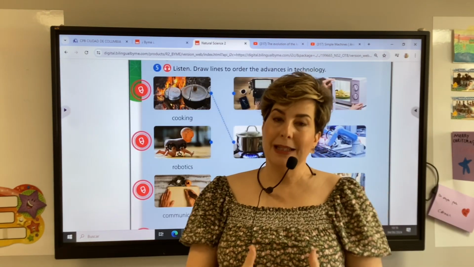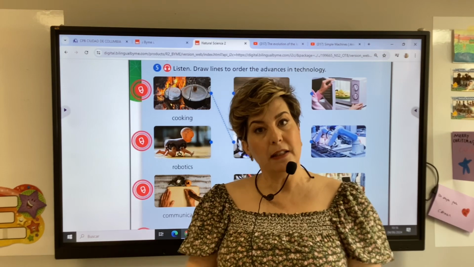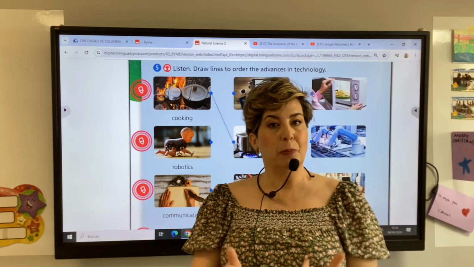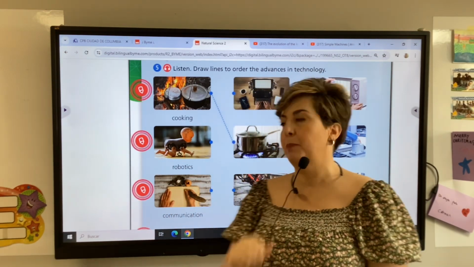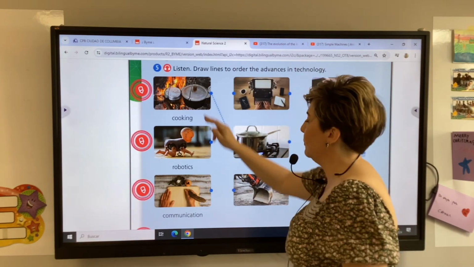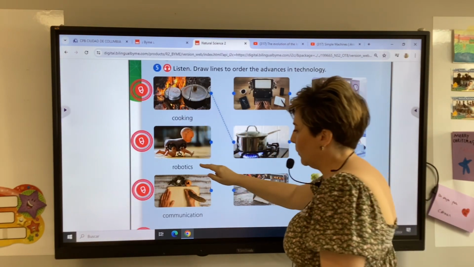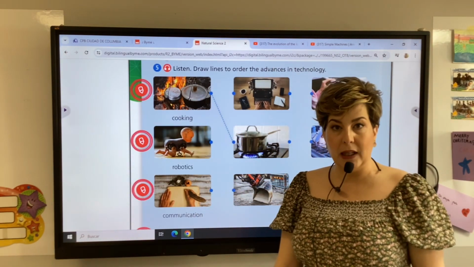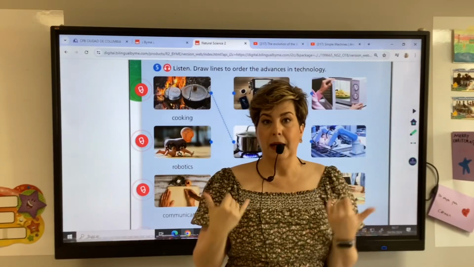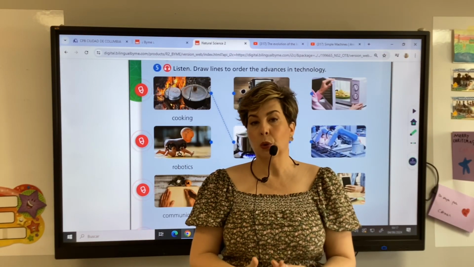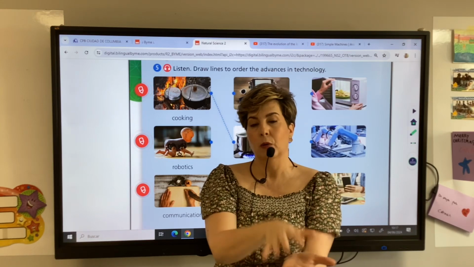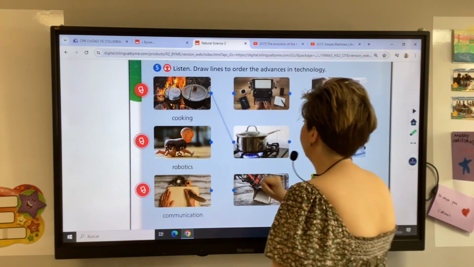We are going to see how technology has advanced from the past to the present with 3 examples. The 3 examples are cooking, robotics, and communication. In the past, people had to cook on the fire or in the fire.